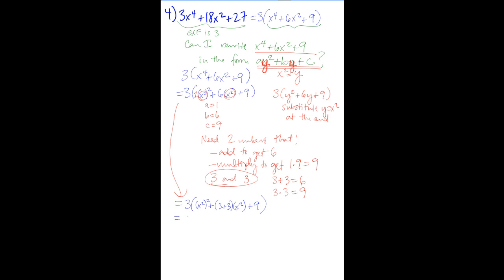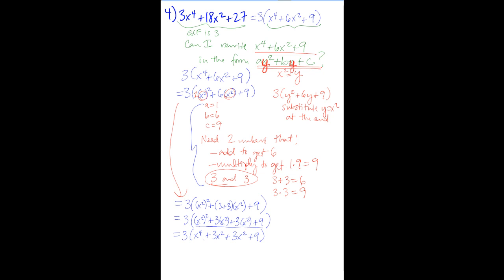So we can rewrite it as 3 x squared plus 3 x squared plus 9. And you'll notice at this point we've broken it up into 4 pieces. We can now do factoring by grouping. So if we want now, we don't have to keep rewriting it as x squared squared. We can just write it as x to the 4th plus 3x squared plus 3x squared plus 9. We were just using that format in order to be able to see that we can use this particular technique.